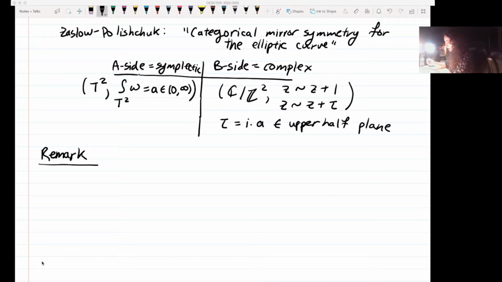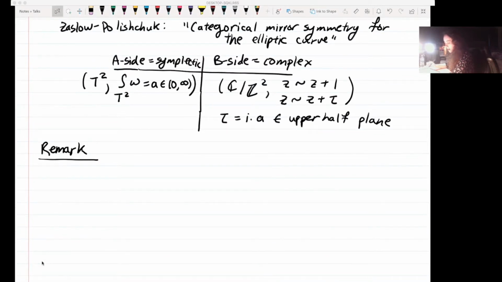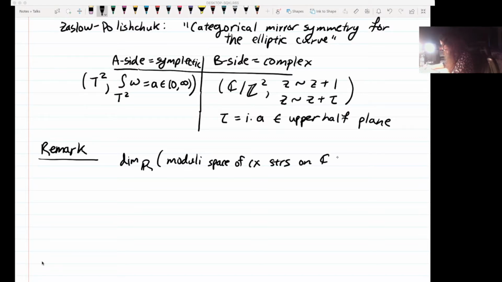And right now it looks like the area of the symplectic T2 only has 1 parameter. And so the second parameter corresponds to adding a B field. So the real dimension of the moduli space of complex structures is 2.